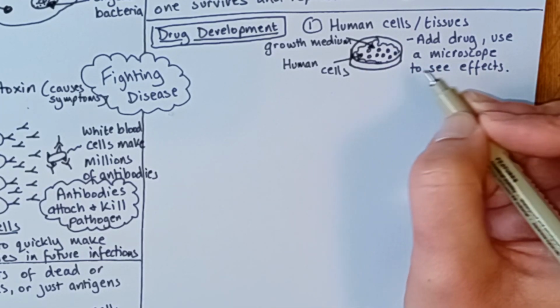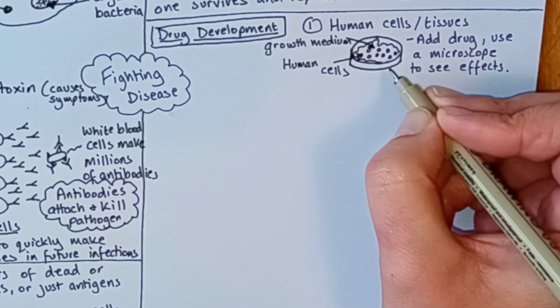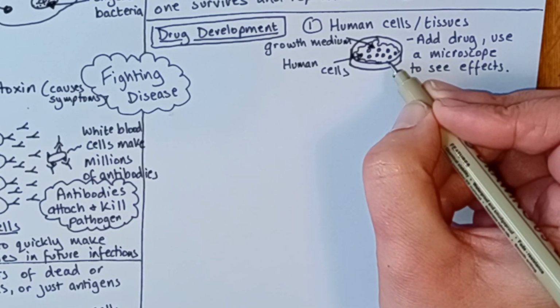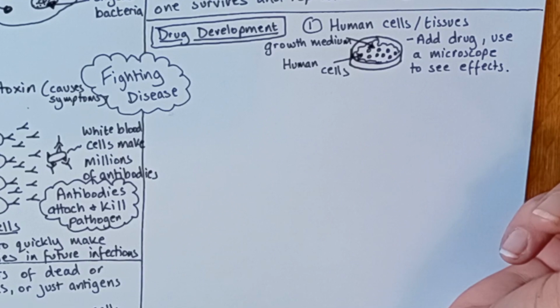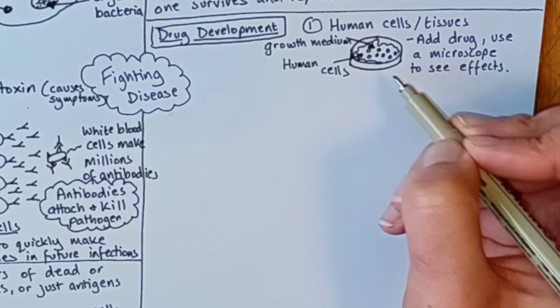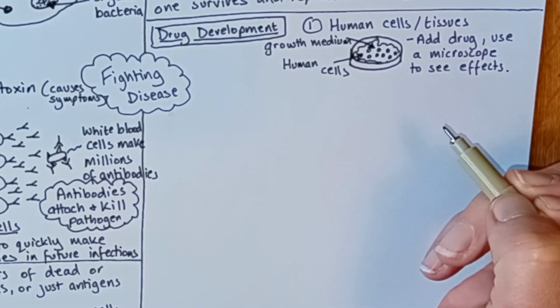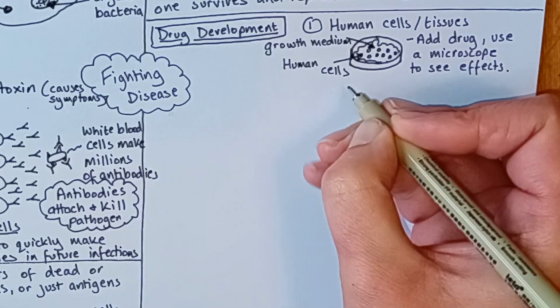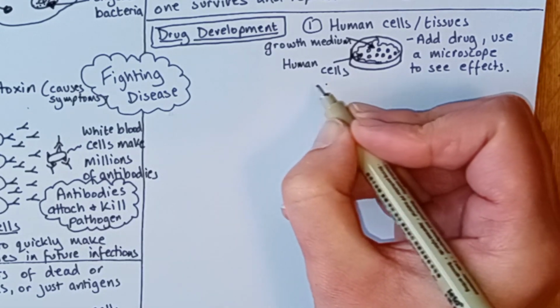All right. The problem is that you've only got one type of cell. So if you're wanting to test a drug that you think might affect brain cells, you'll have neurons in here, but you don't know whether it affects kidney cells or muscle cells. So you can't see the effect on other cell types.